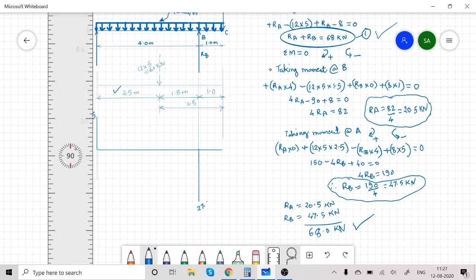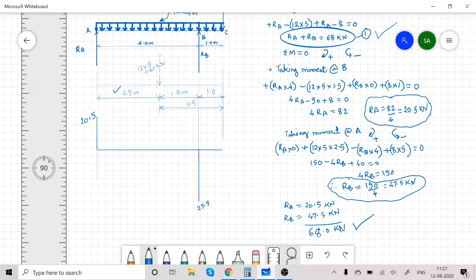I will repeat, at A we are plus 20.5, then the force due to load of 12 kilonewton per meter for a length of 4 meter there is a drop of 48 kilonewton gradual. It is not a concentrated load, it is a UDL, so drop is gradual. So from A to B there is a total drop of 48 kilonewton.